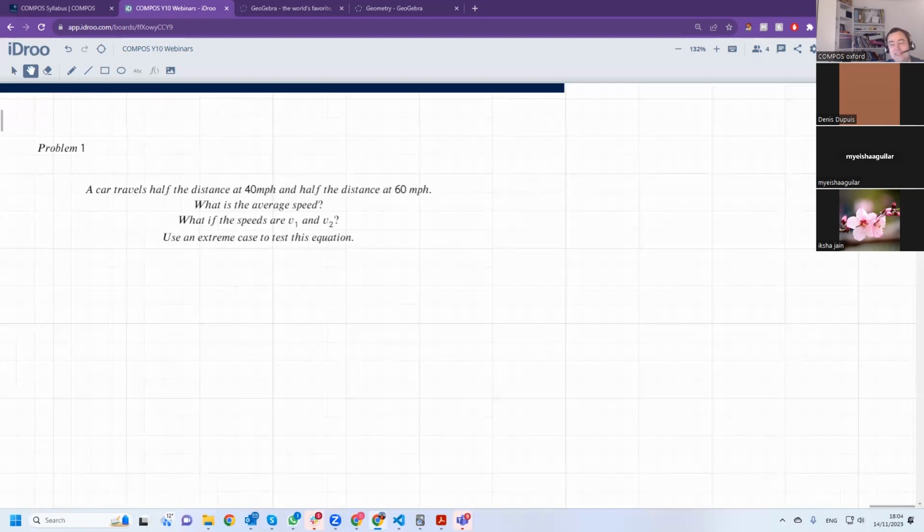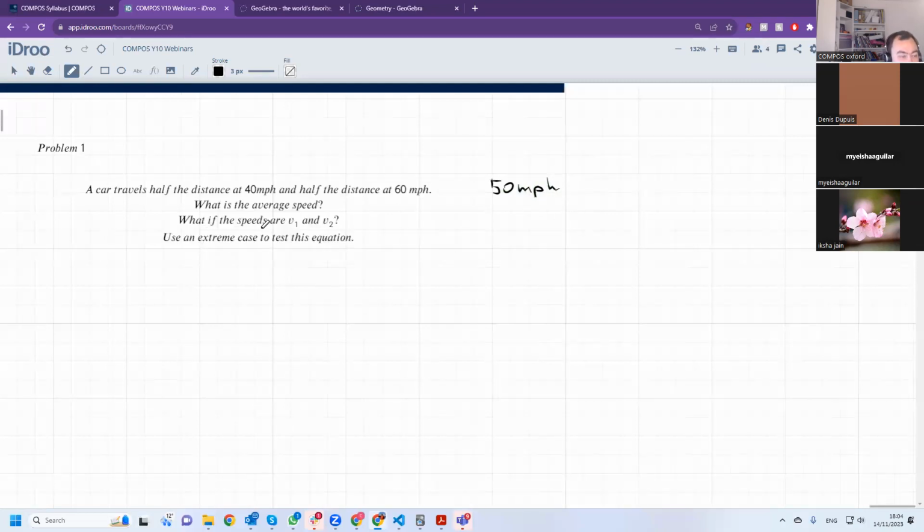You can still calculate the average speed. So let's unwrap this question one by one. Suppose we didn't notice that this is a trap, and suppose the answer is 50 miles per hour.